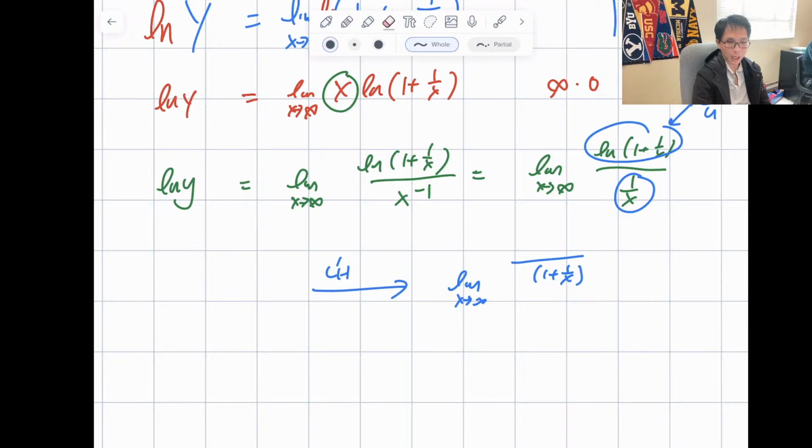So what's the derivative of 1 plus 1 over x? Well, the derivative of 1 is what? 0. What's the derivative of 1 over x? That's x to the negative 1, take a derivative of that. Let's do it on the side. Negative 1, x to the negative 2.